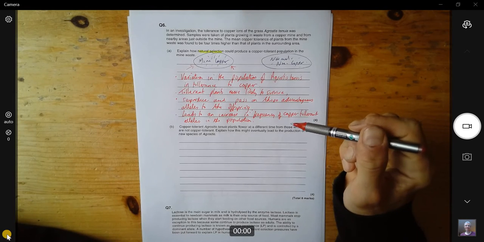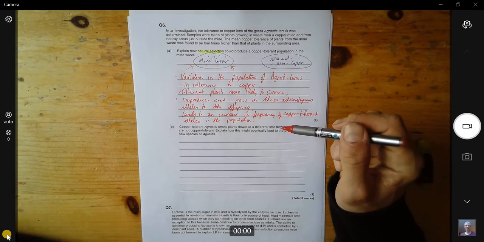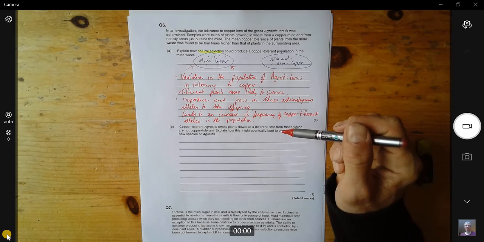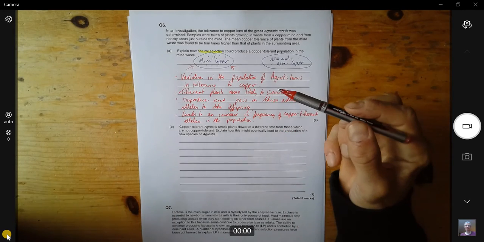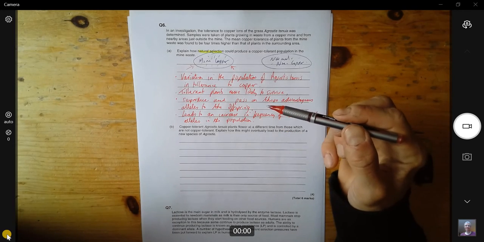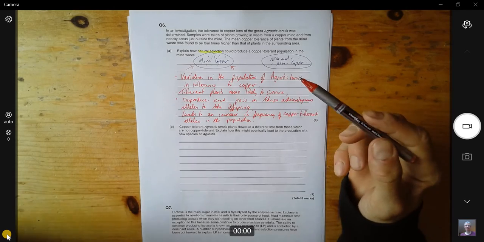In the mark scheme it says it uses alleles and genes interchangeably, but I would say alleles. Now if you're mentioning genes, say version of the genes.